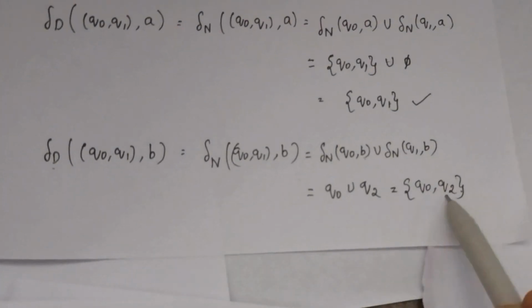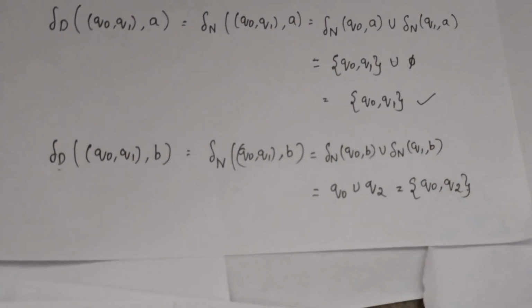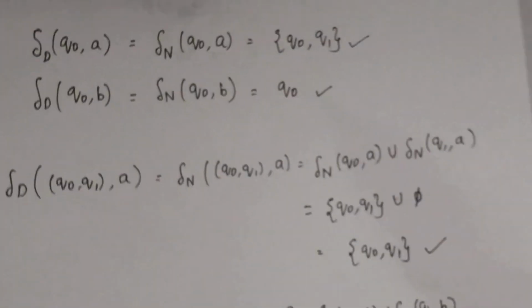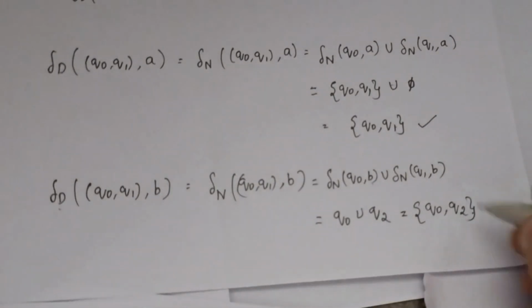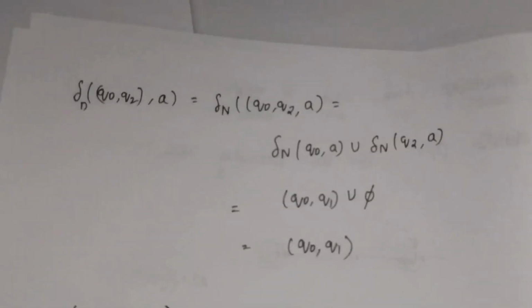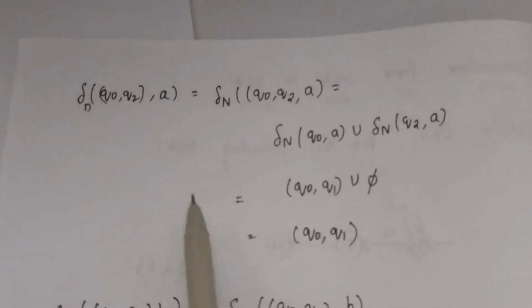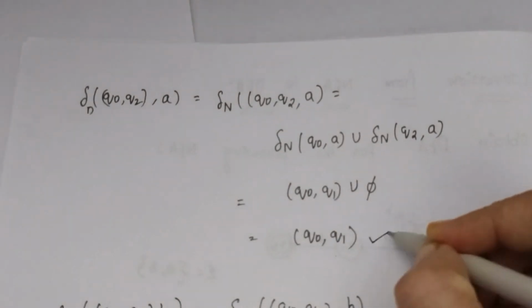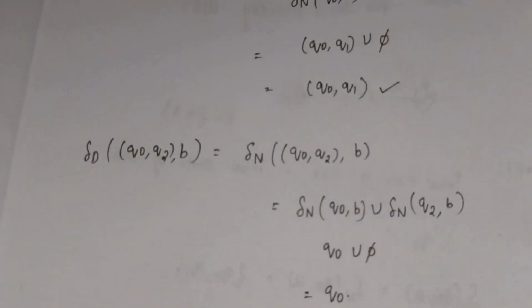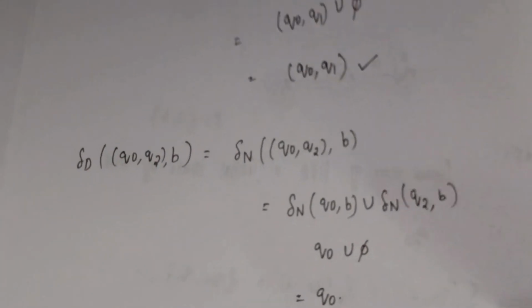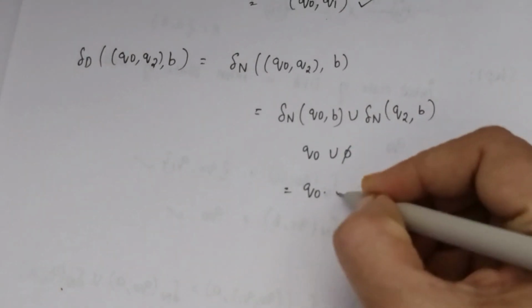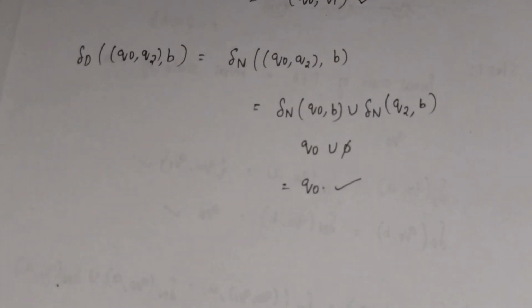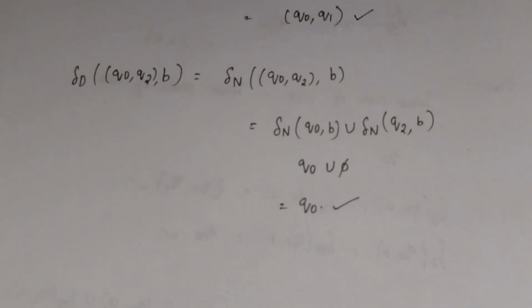Now we have on the right hand side Q0, Q2 on A and B. So we have made a transition for Q0, Q2 on A and B. Hence we will put a tick mark. Done. The transition is done. Next, Q0, Q2 on A is Q0, Q1, which already has a transition with A and B. So we have put a tick mark. Next, Q0, Q2 on B is Q0, which already has a transition. So hence all the right hand side states we got have their transitions with A and B.